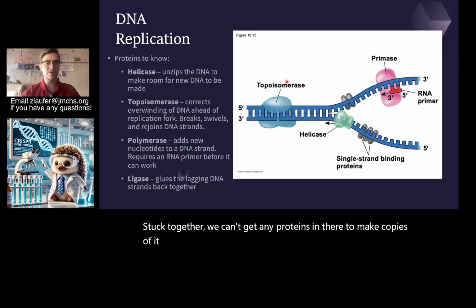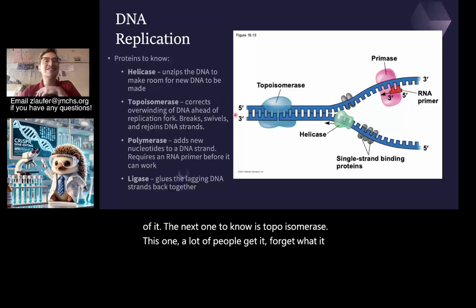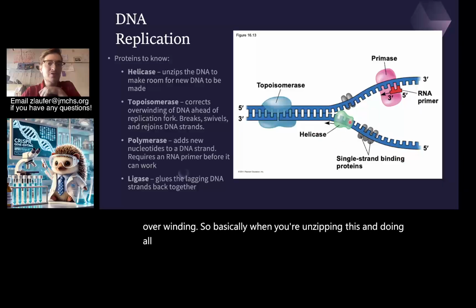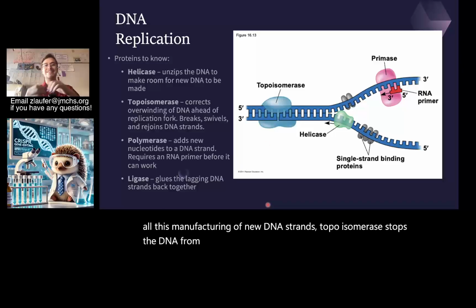The next one to know is topoisomerase. This one, a lot of people forget what it is. It is correcting of overwinding. So basically when you're unzipping this and doing all this manufacturing of new DNA strands, topoisomerase stops the DNA from twisting and getting tangled in itself.